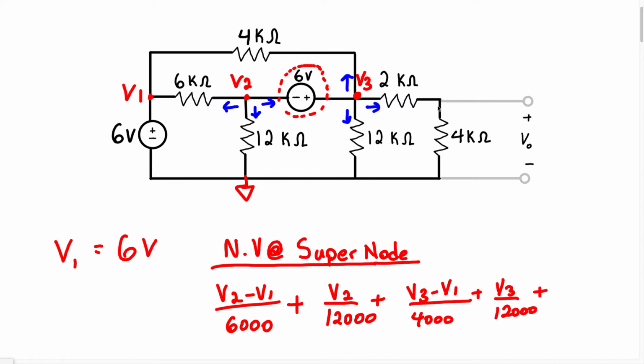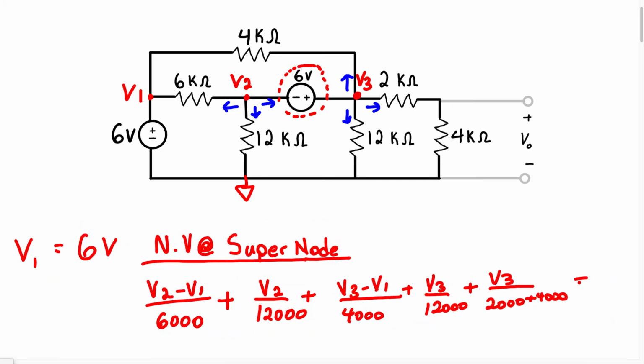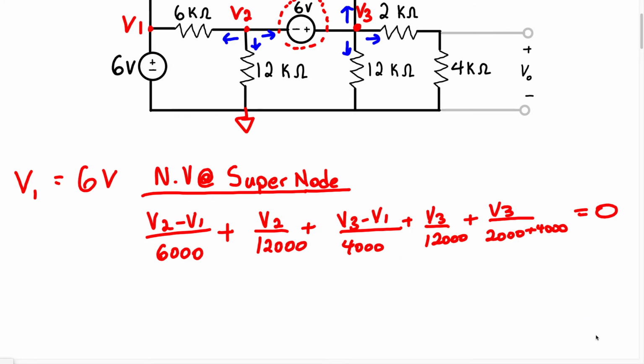We know the current flowing in this direction is going to go through both of these resistors, and the current will be the same. Therefore, we can say V3 over 2,000 plus 4,000. Now all of that equals 0. I'm just going to circle this for now. We know V1 equals 6 volts.